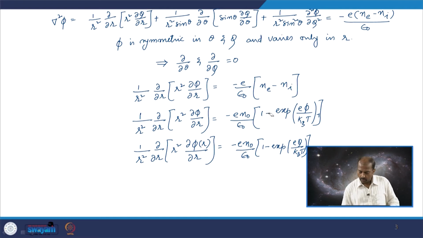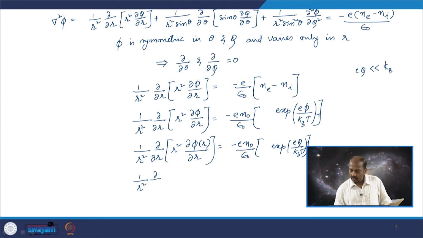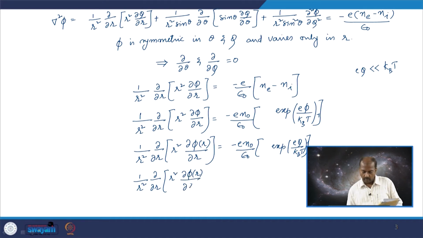So, this is going to be minus 1. So, now if you say that E phi is much less than kBT, so if the potential energy is much less than the thermal energy, we can write r square dou phi of r divided by dou r is equal to minus E n naught by epsilon naught into 1 plus E phi by kBT minus 1.